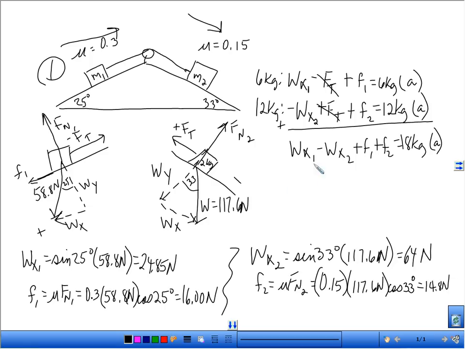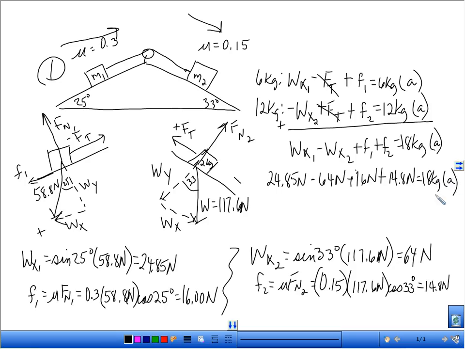So it looks like I have everything for my equation up here. So 24.85 newtons minus 64 newtons plus 16 plus 14.8 is equal to 18 kilograms times whatever A is.